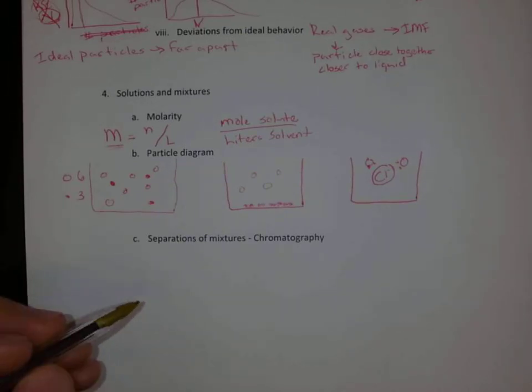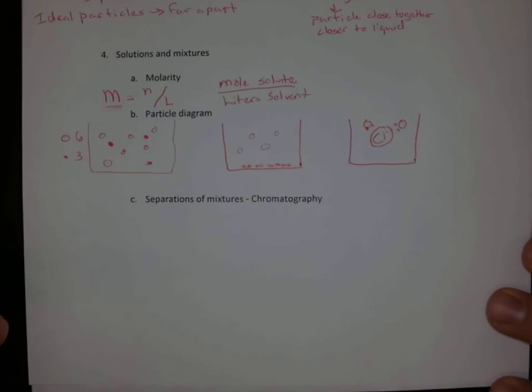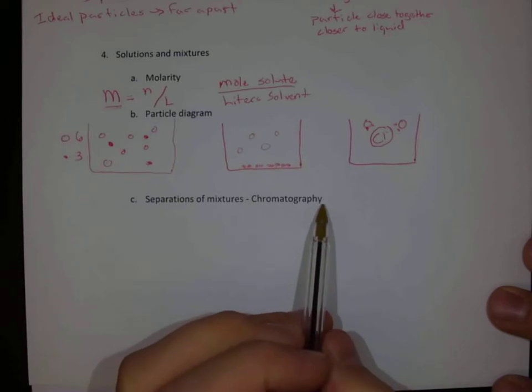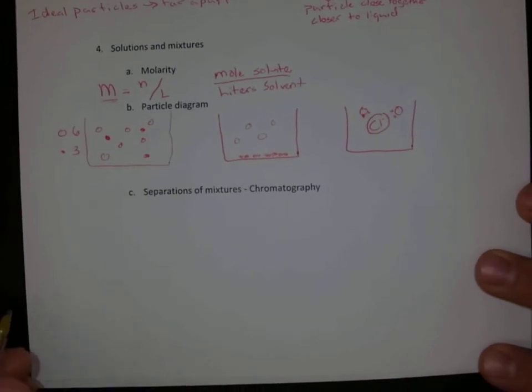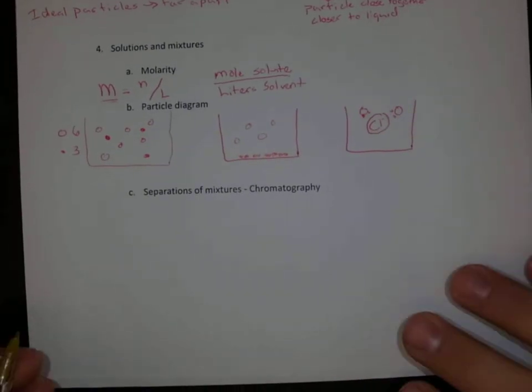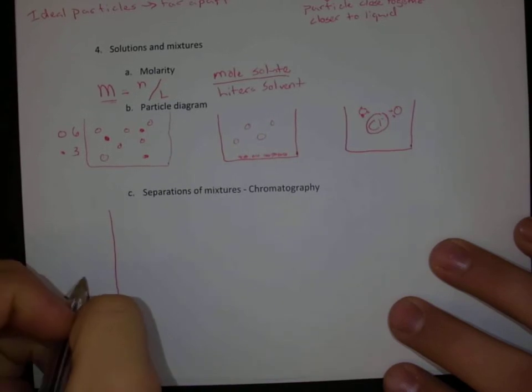So within our mixtures, we have a substance that has two different compounds in it. We can physically separate it. We can separate it using chromatography and using our intermolecular forces, and the differences between those intermolecular forces, okay? So with chromatography, we essentially have a solid phase.